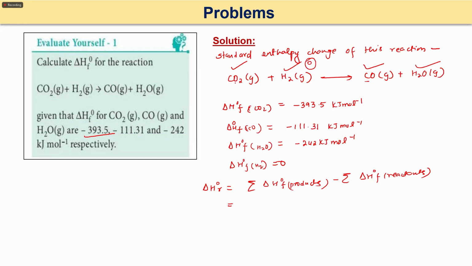Here 2 oxygens. So 1 oxygen is here and 1 oxygen is here. So oxygen is also balanced. So carbon and oxygen are balanced. Let us check the hydrogen. Here 2 hydrogens are there, and in the product side we have 2 hydrogens. So this is a balanced thermochemical equation. Okay. So here they have given us a balanced equation, so we do not need to balance it.